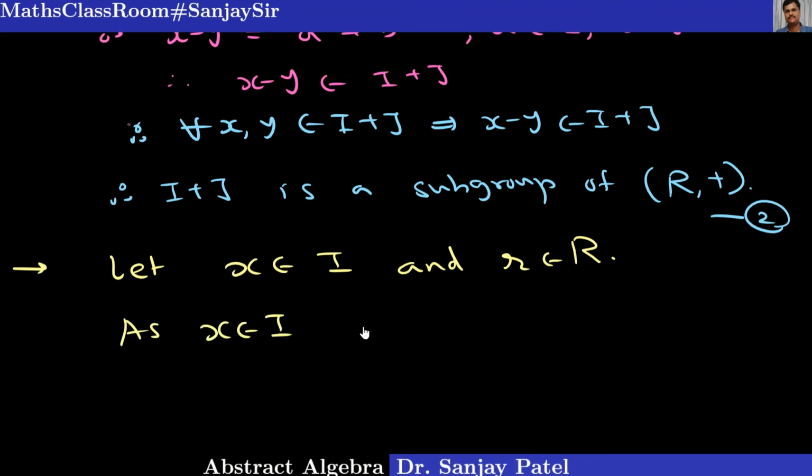I wanted to prove that I plus J is an ideal, so I should take one element from the set I plus J and one element r from the ring R. These two are arbitrary elements. Now as x belongs to I plus J, I can write x in the form a plus b, where a belongs to I and b belongs to J, by definition of I plus J.